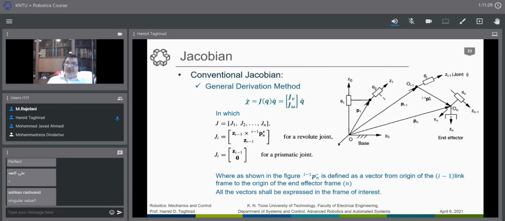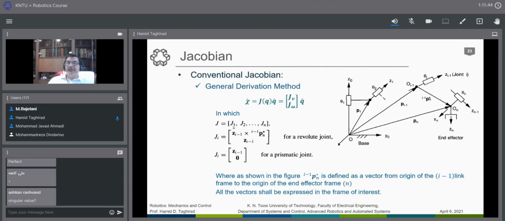So usually we start from here and then go back to find all the vectors backwards and find the Jacobian columns. That's it. This is the general formulation for any Jacobian.